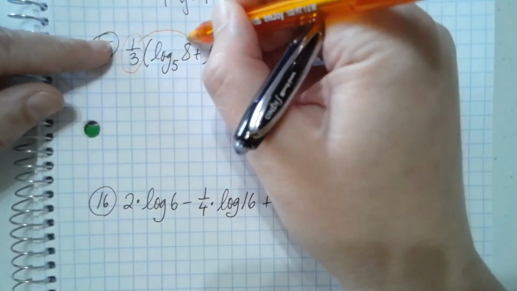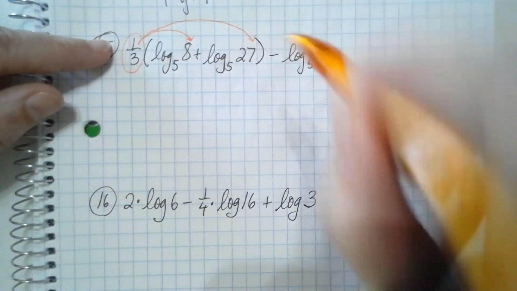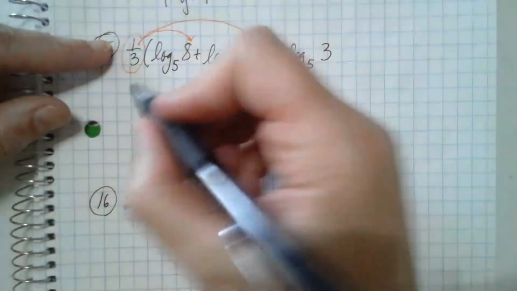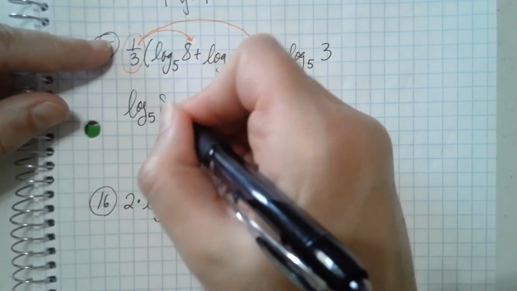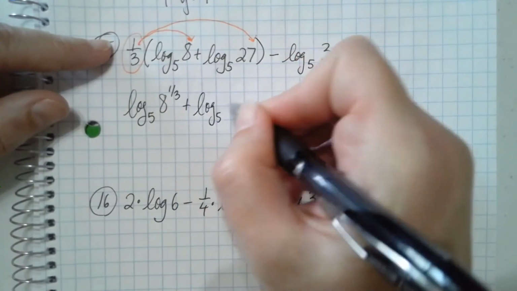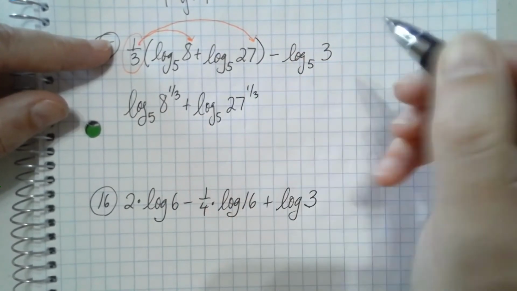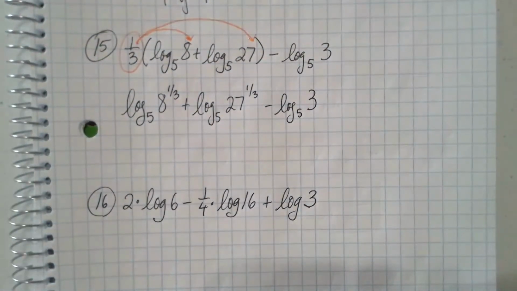So it's going to go with this 8 as an exponent, and it's going to come over here with the 27 as an exponent. Okay, so I'm going to have log base 5 of 8 to the 1/3 plus log base 5 of 27 to the 1/3 minus log base 5 of 3.